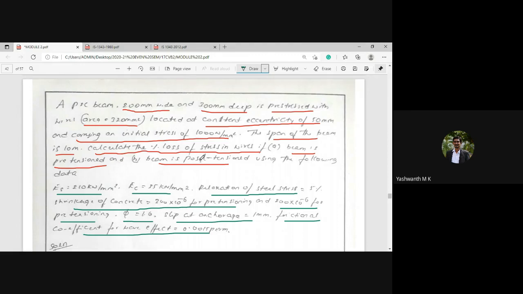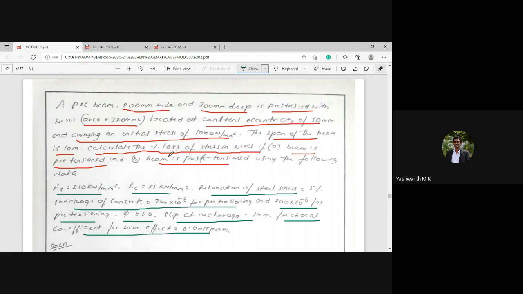Why we need to observe like this? Because the pre-tension beam will have different losses, and the post-tensioning beam will have different types of losses. So based upon the type of tensioning system or beam, we need to calculate the loss of pre-stress in a particular beam.